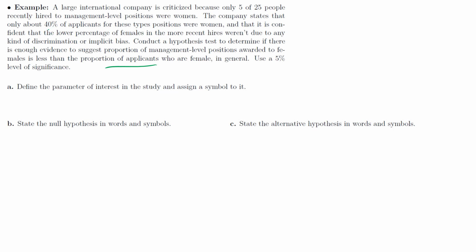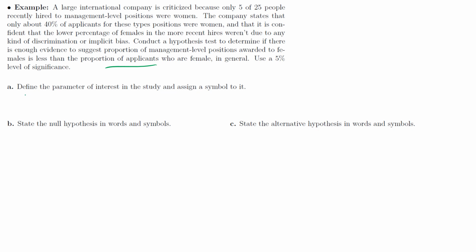Whether that's too low or not. So we're going to assume, okay, you got 40% of your applicants being women, so we would kind of expect that about 40% of the hires are going to be women. All right, so we'll keep that in mind as we develop this test here in A, B, and C.